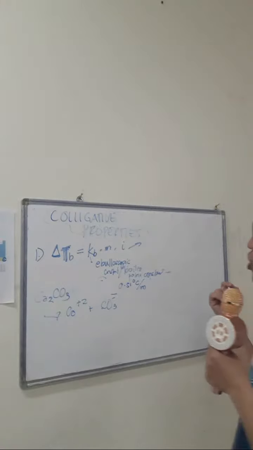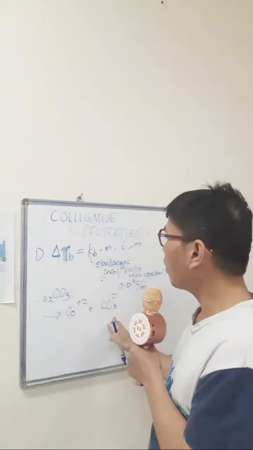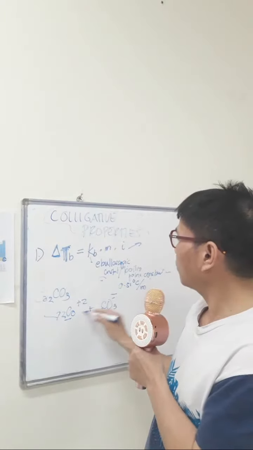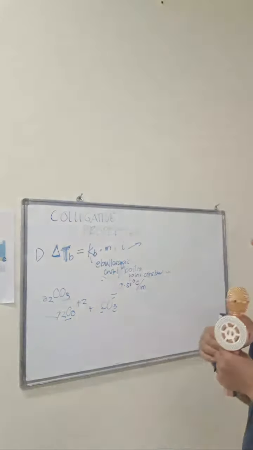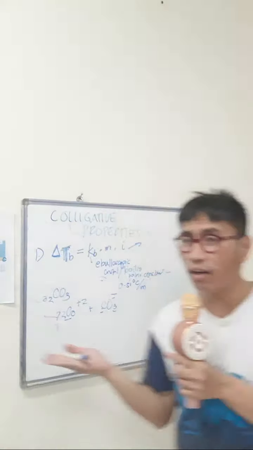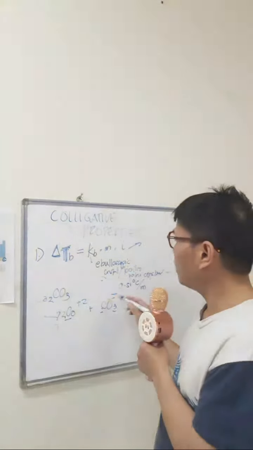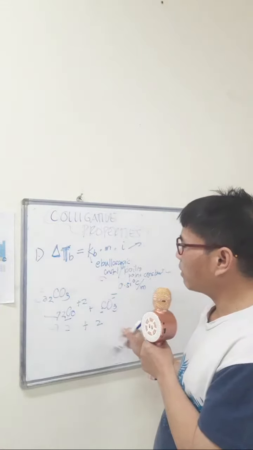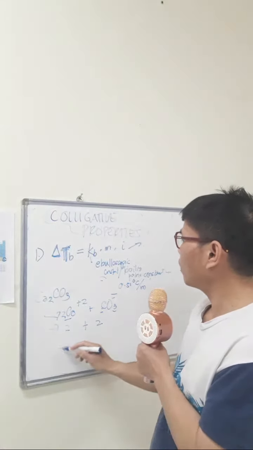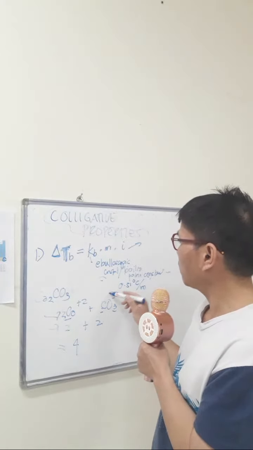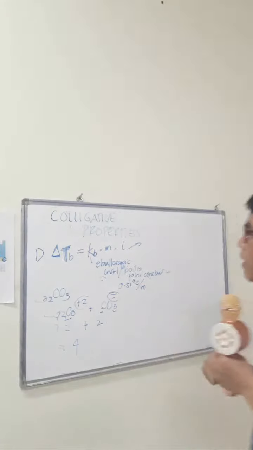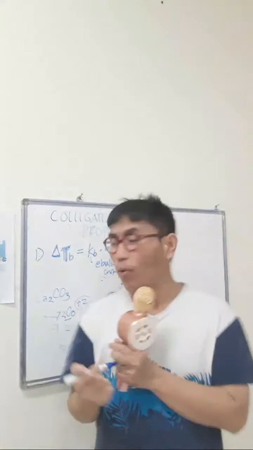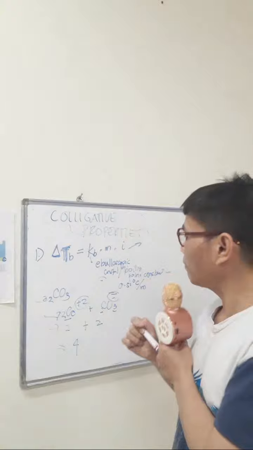So balance the chemical equation: calcium carbonate, 1 calcium, carbon, oxygen 3, balanced. Now, what is your total Van't Hoff factor? It's going to be 2 plus 2, which is equal to 4. 2 for carbonate and 2 for calcium. Get the point?